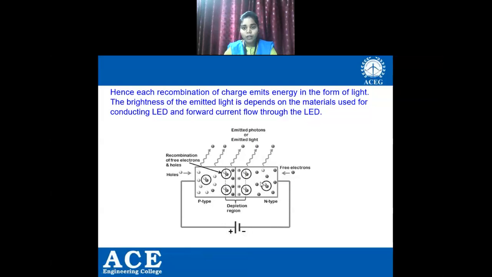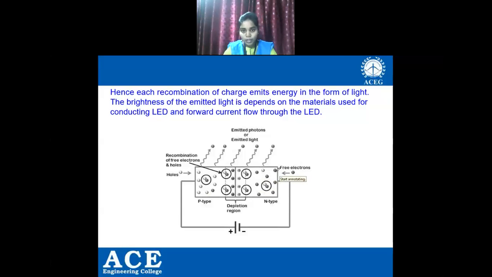So here what? Electrons are present, these are pushed towards the P-type material and towards the depletion area. Whenever these are moving, what is going to be happening? Our electrons are going to recombine with what? Holes. Right. Whenever it is recombining, what is going to be happening? Light is emitted. You can see here.